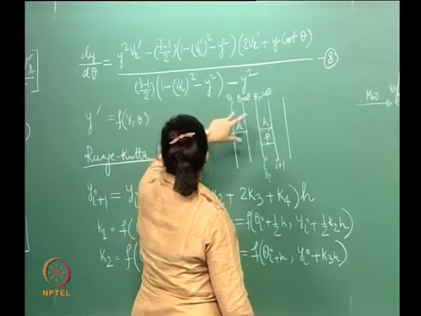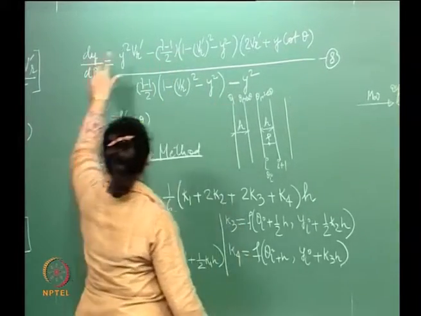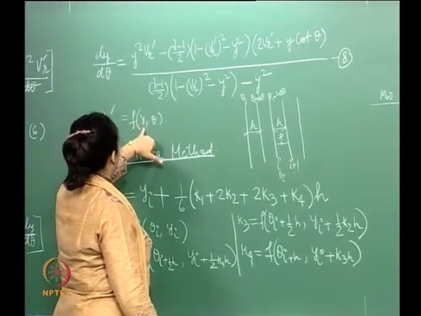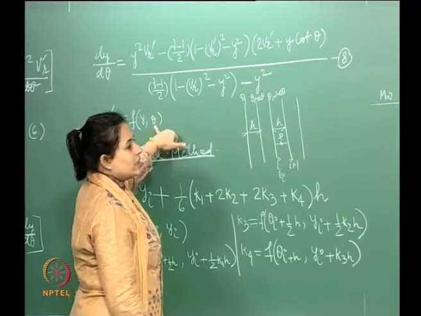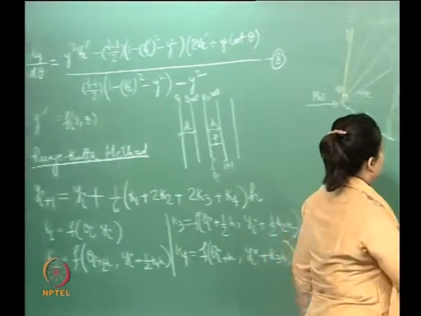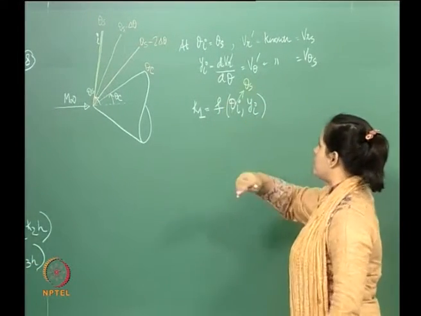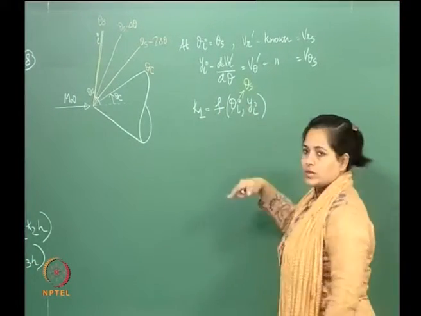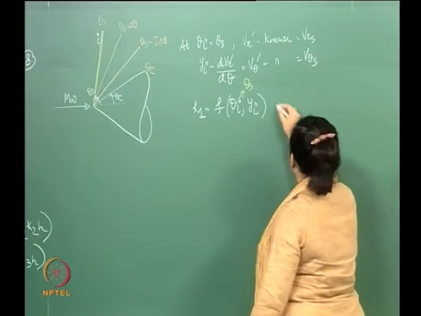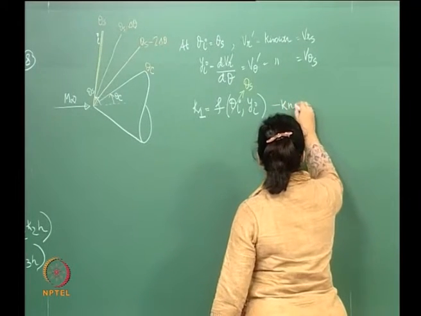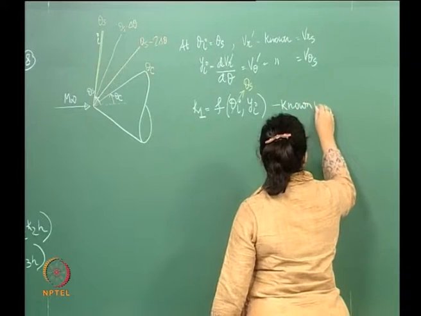So this is the function value at y i, and theta equal to theta s. So this is known, and now one can calculate this. So this is also therefore known.